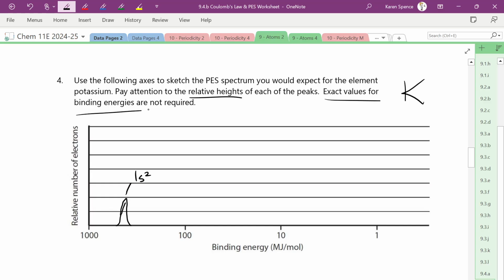Exact values for binding energies are not required. So as long as you're like, here's my 1s, when I go to shell number 2, it needs to be significantly less energy than my shell number 1. So shell number 2 is going to be over a significant amount. So here's 2s2.